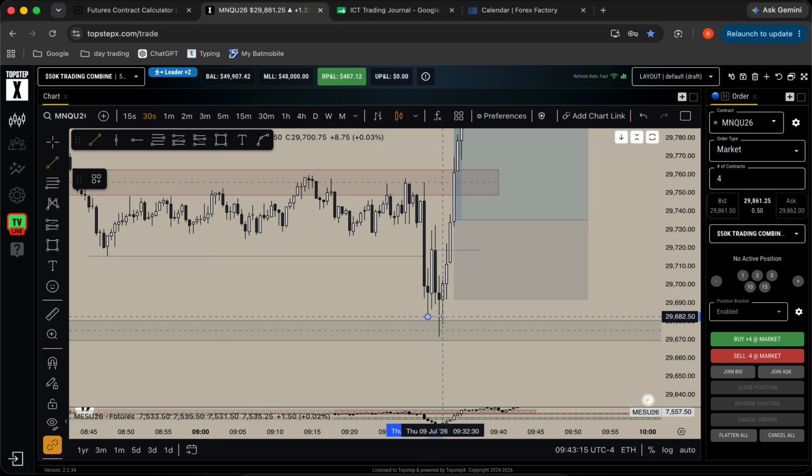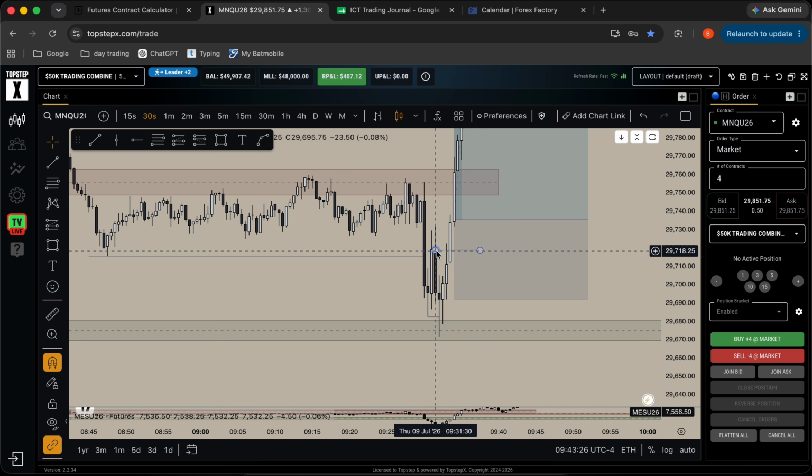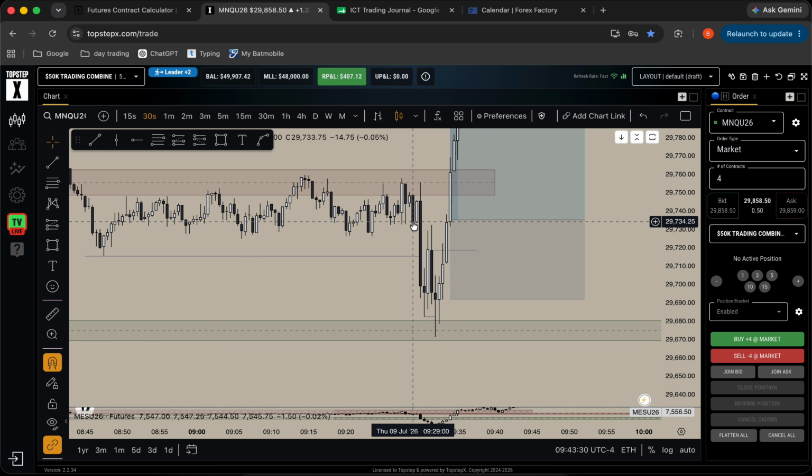But we get a perfect stop run here, which brings us down into this hourly gap. And then I was entering off the CISD here just to try and get a better RR, but it turns out we basically inversed.